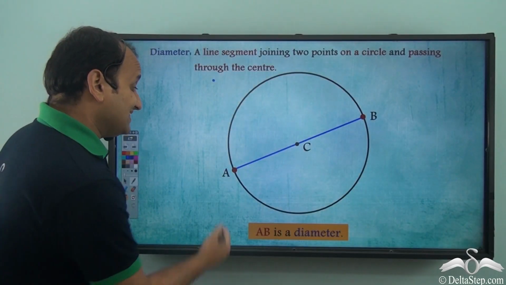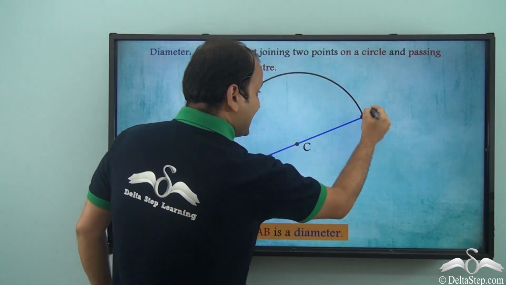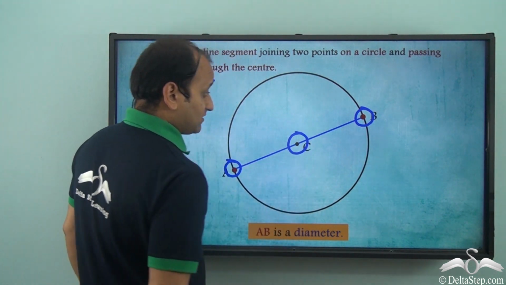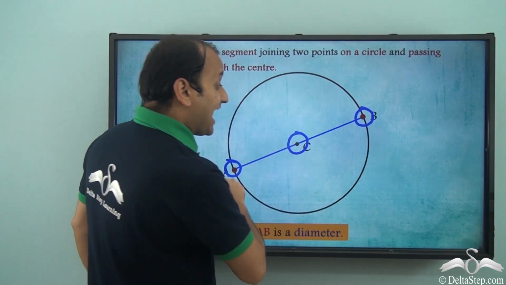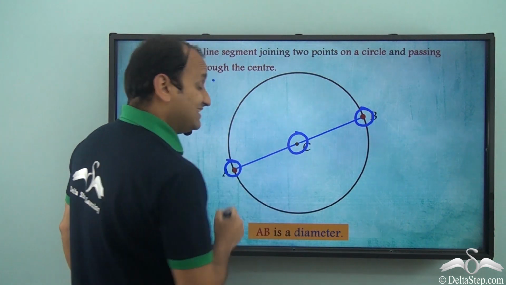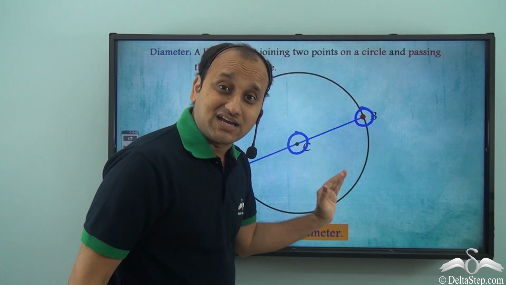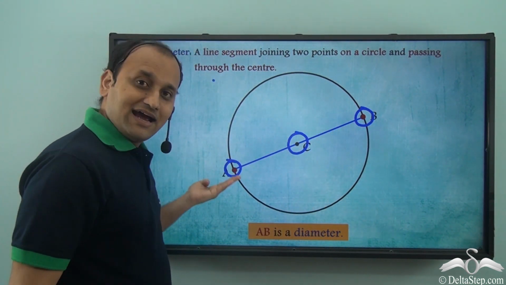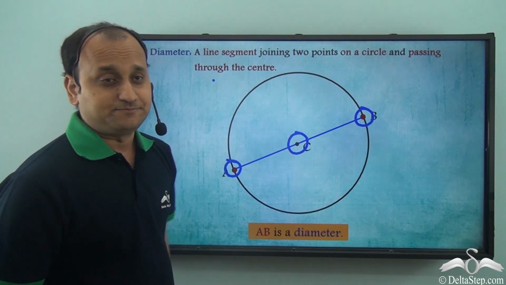So, in this case, this line segment AB is joining 2 points A and B on the circle and passing through the center. Now, you must note that these 2 points A and B are exactly opposite to each other. So, when they are joined, they give us a straight line. So, diameter is always a straight line. So, it starts from one side of the circle and ends at another side of the circle and always passes through the center.